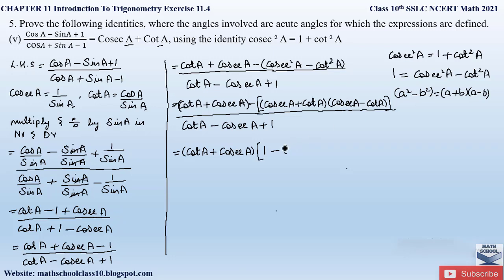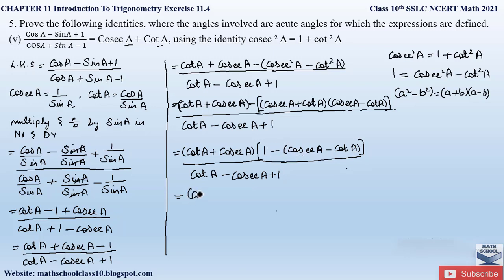This term, that is cosecant A minus cot A, the whole divided by, again we have cot A minus cosecant A plus 1. Now let us open the bracket and multiply with this minus sign.